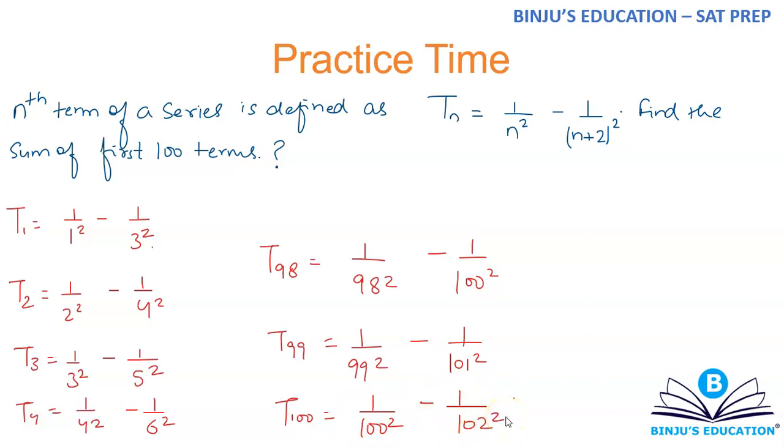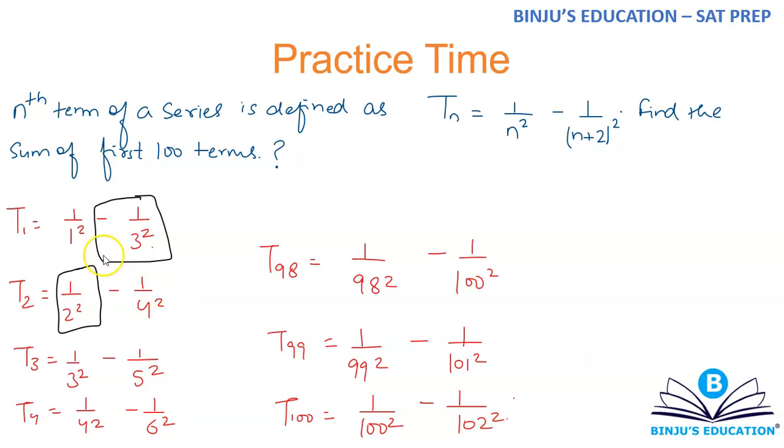Okay, now this is minus 1 by 3 square, but this is 1 by 2 square, so it's not cancelling out. That means the concept that I taught you is wrong. No, it's not wrong. You just need some improvisations.